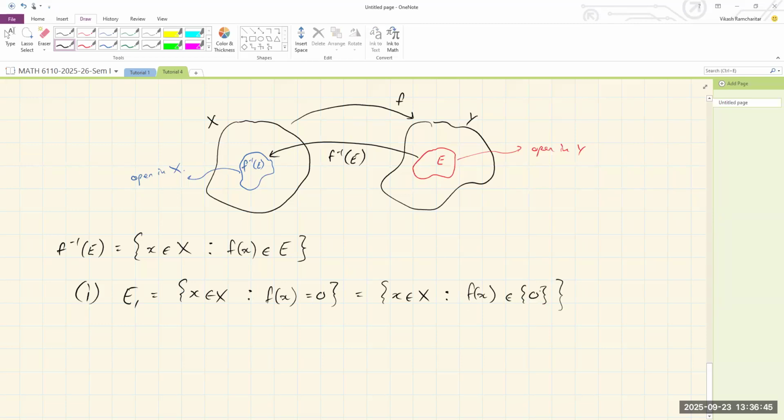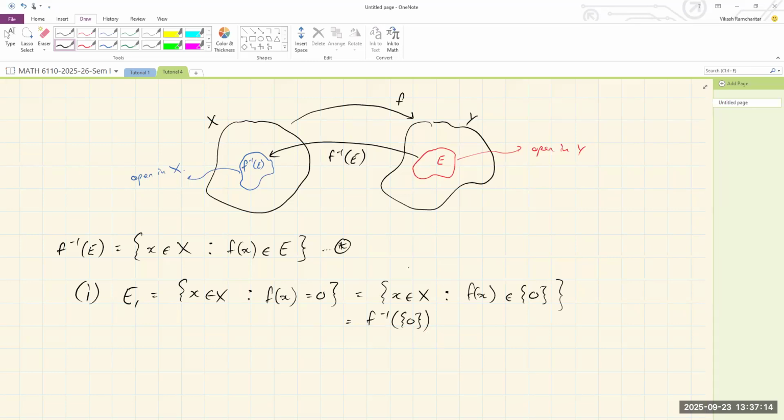That's the same thing. The reason I'm doing that is because I want it to look like the definition of the pre-image. Because now I can see that E1 is simply the pre-image of the singleton set 0. It's everything in X that maps onto 0 in the real numbers.